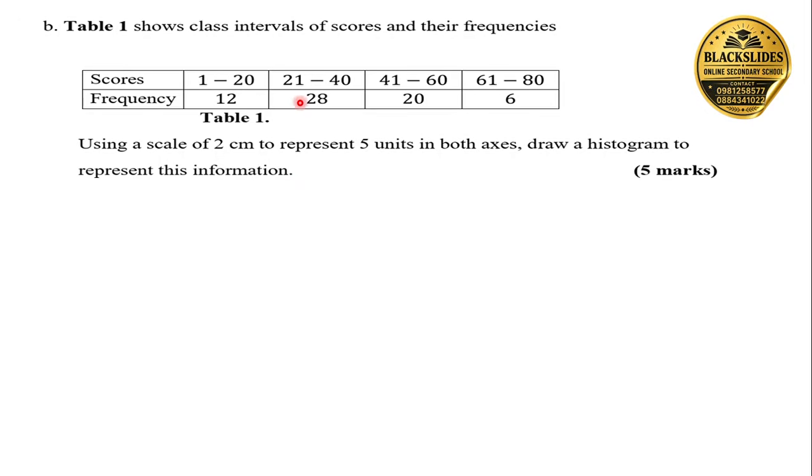So first of all, you need to calculate what are called class boundaries. All you have to do is find the average of the upper and lower boundaries, or of upper and lower intervals, whatever you call them.